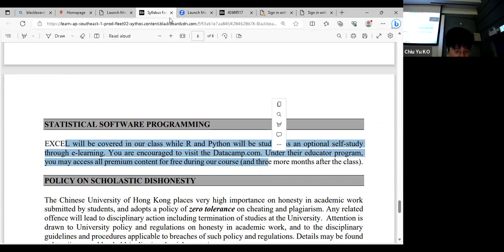Let me write that down, because I think one of the students is unable to enter. I don't know how to do that.